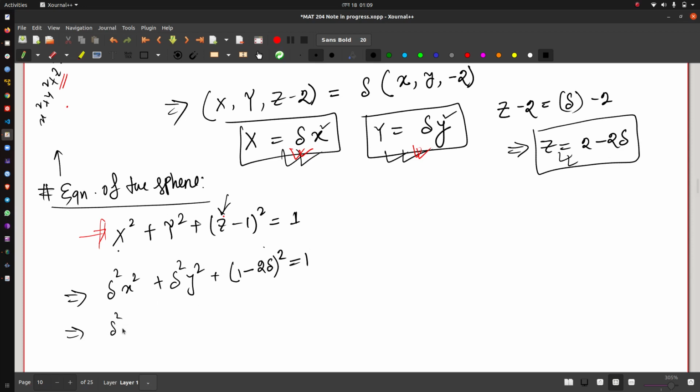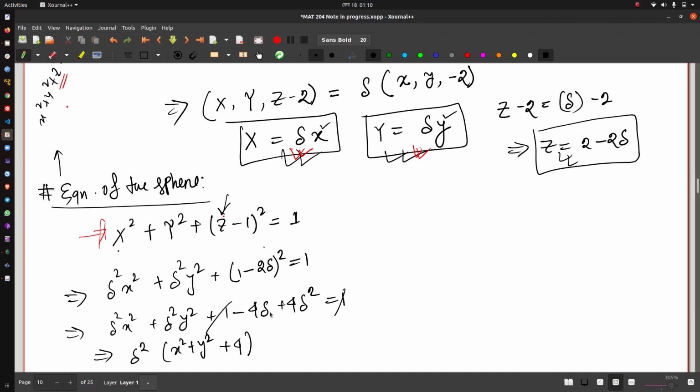And if you just simplify this, this is giving you delta squared times x squared plus y square plus 4, and these two ones would just cancel each other out. Minus 4 delta is equal to 0, or delta square times x square plus y square plus 4 is equal to 4 delta. Now delta cannot be 0, right? Because that doesn't make any sense.